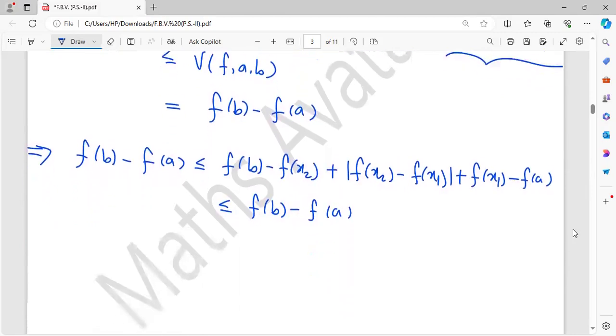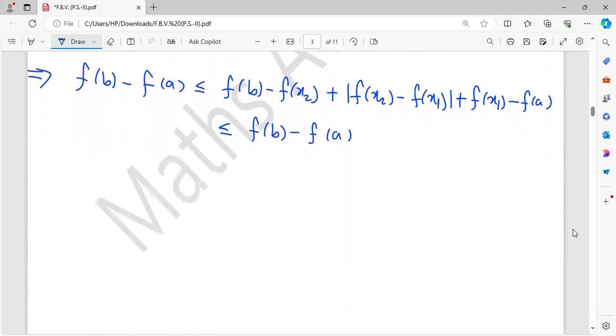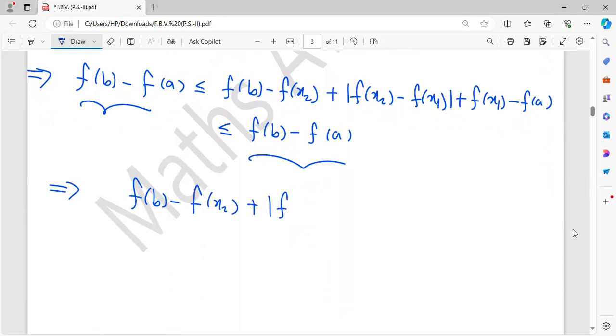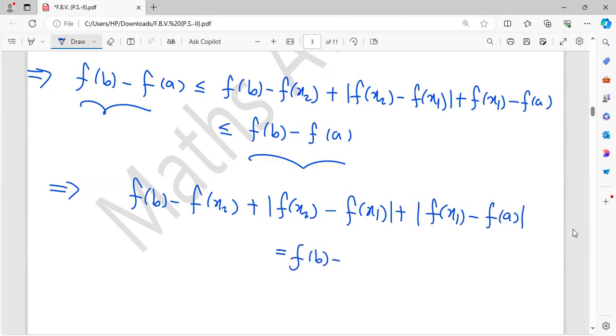But this lower bound is this, upper bound is this. What does it mean? f(b) minus f(x2) plus f(x2) minus f(x1) plus f(x1) minus f(a) is equal to f(b) minus f(a).